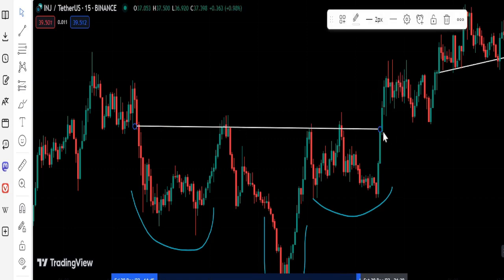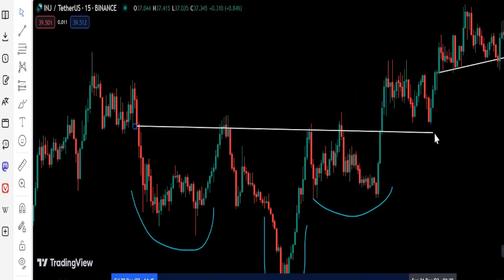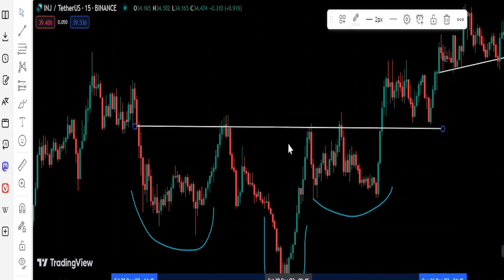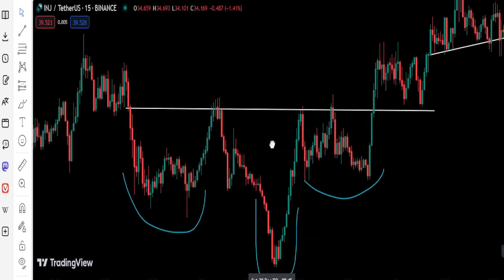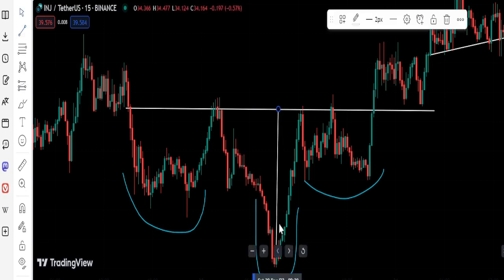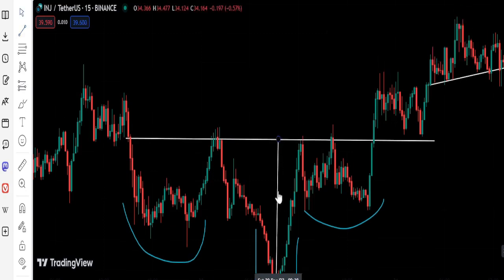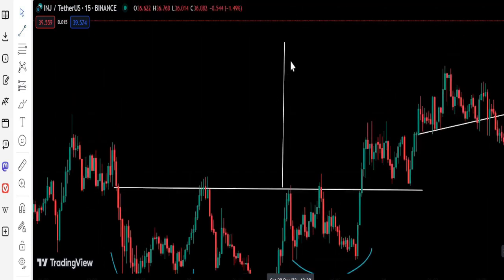So let's say here is our head and shoulders pattern. Now, where do we take our profits? Our profit is the distance between this resistance and this trough here, and if we project this price upward, it will give us a price target of about this distance.